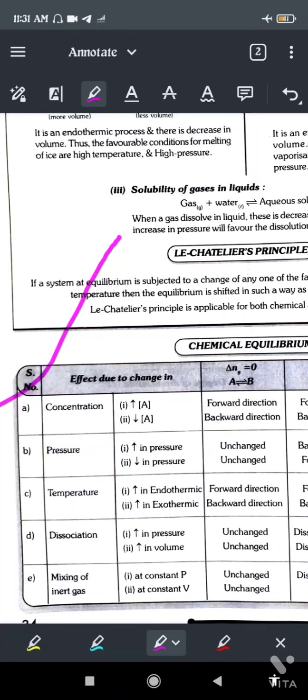Thus if the pressure is increasing and del n is 0, then there will be no change in the direction of the reaction. If pressure is decreasing and del n is 0, then there will be no effect on the reaction.